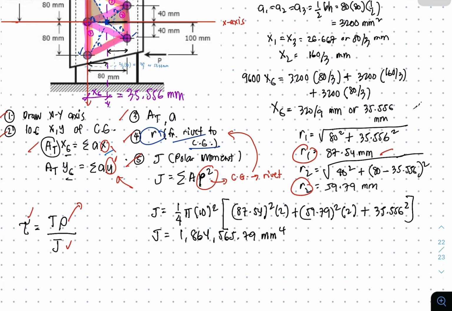So for our rho here, which is the critical rivet, which has a distance from the center of gravity to the location of that rivet, is simply 87.54 mm.